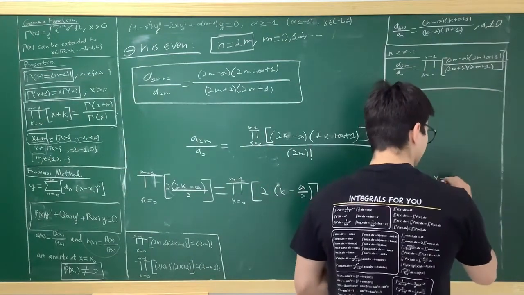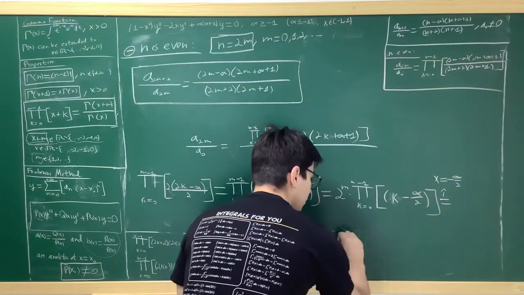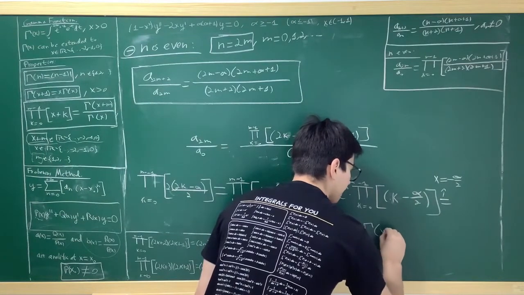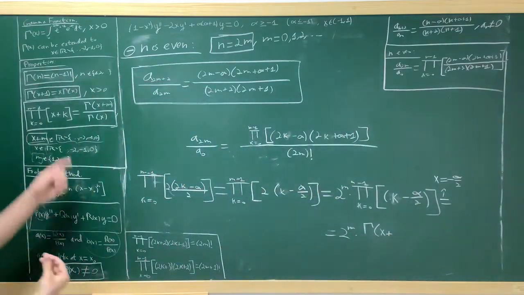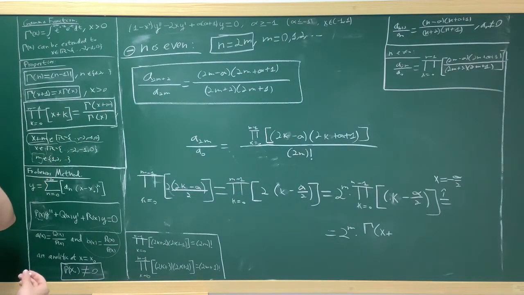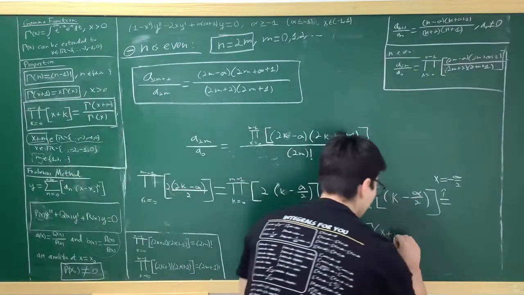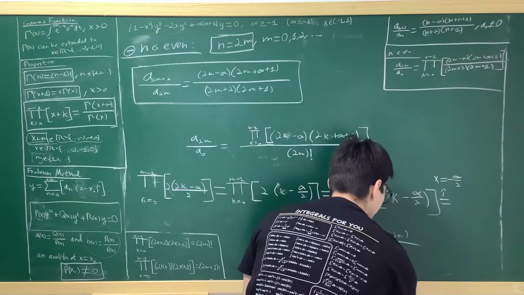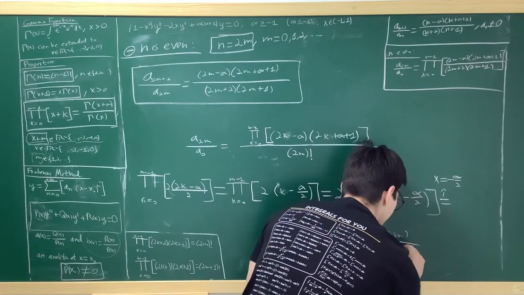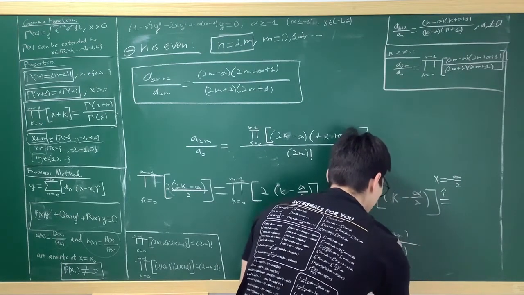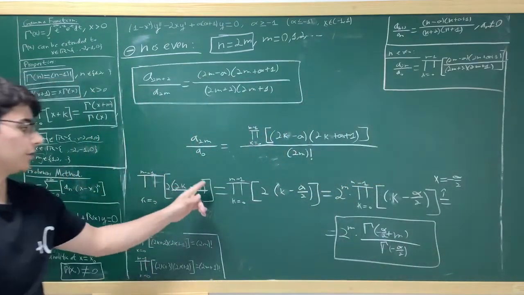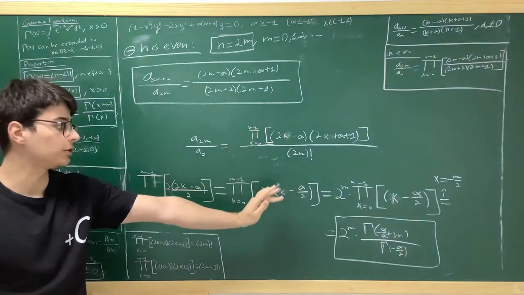So here, we get 2 to the nth power times gamma of x plus n over gamma of x. But what is x? x is just minus alpha over 2. This would be our solution to this first multiplication.